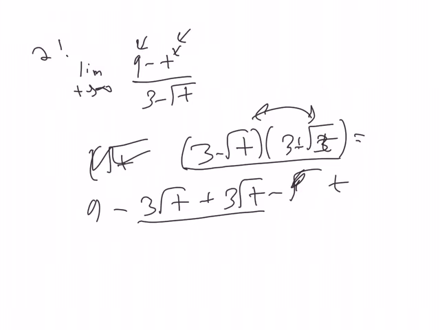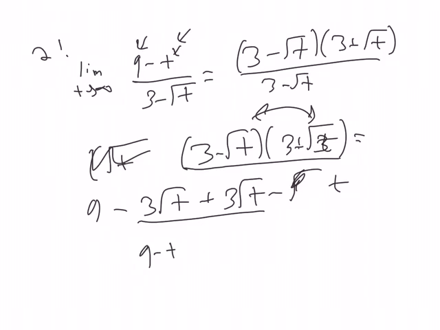So you're going to get 9 minus t for that. So this can be written as 3 minus the square root of t times 3 plus the square root of t over 3 minus the square root of t. These cancel. You plug in your 9, so this is going to be 6. So that's the answer. The limit is 6.